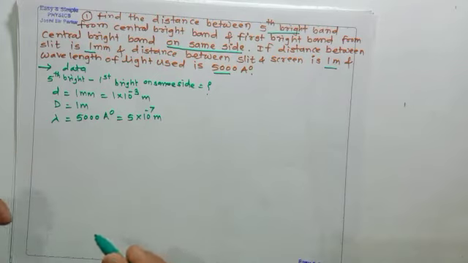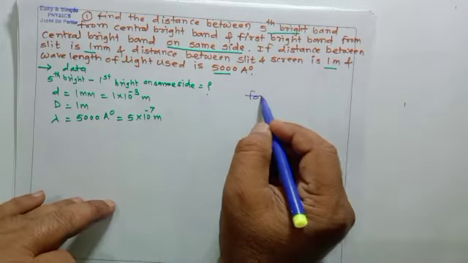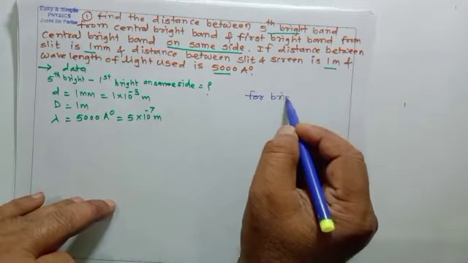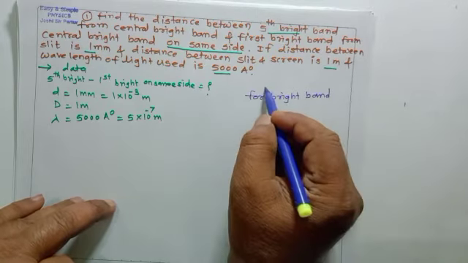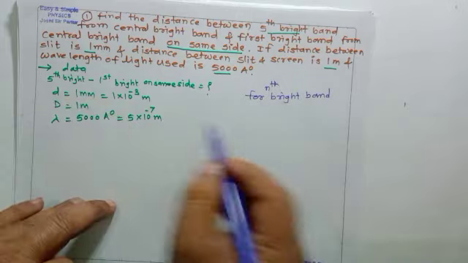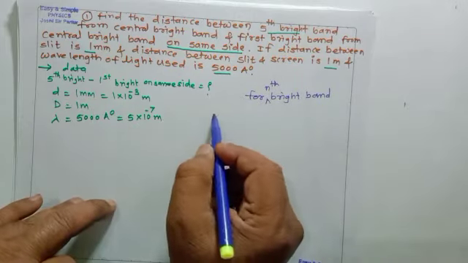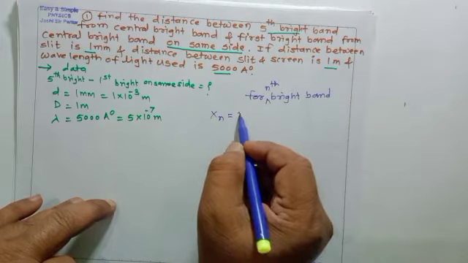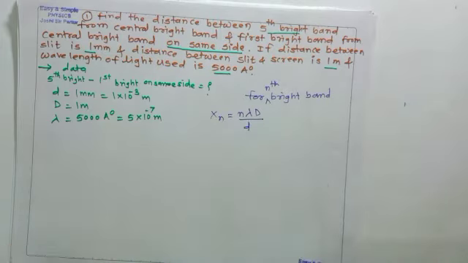So first of all, we have seen for nth bright band, xn is equal to n lambda capital D upon small d.